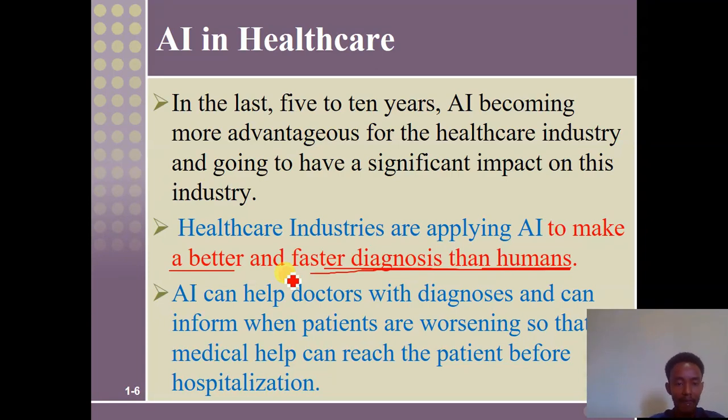Artificial intelligence can help doctors with diagnosing different diseases, and also inform patients, so that medical help can reach patients before they are hospitalized.